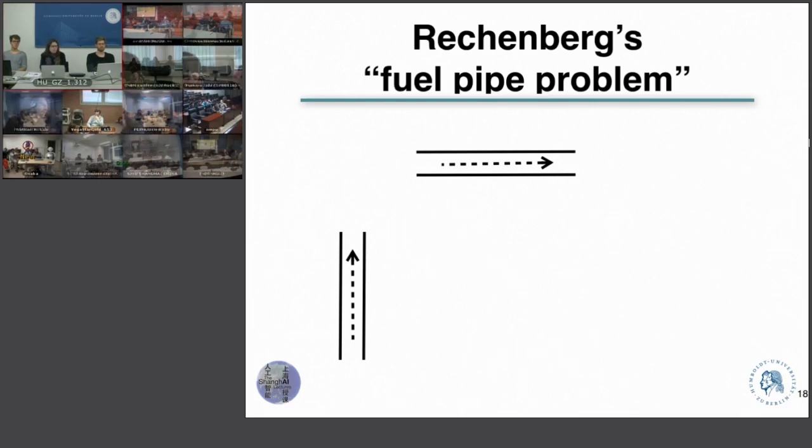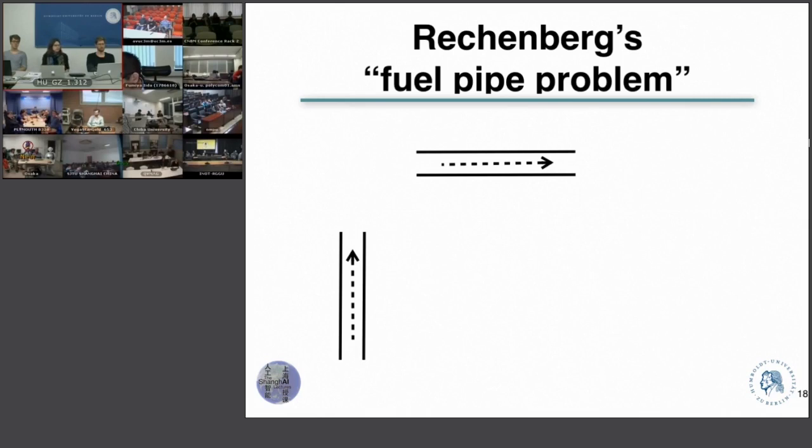Yeah, a quarter circle is the original solution for many engineers. Most of the pipes you see in your apartments or somewhere else use a quarter circle to connect those pipes. And what Rechenberg did at this time was ask the question, is a quarter circle actually the best solution for that?